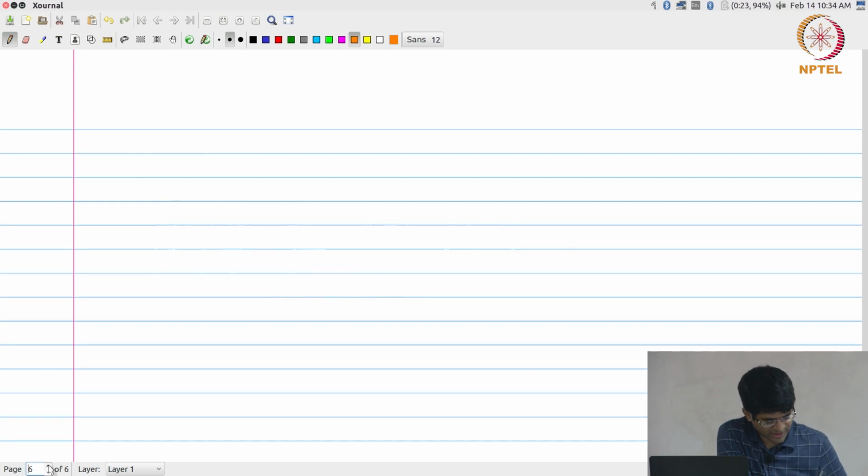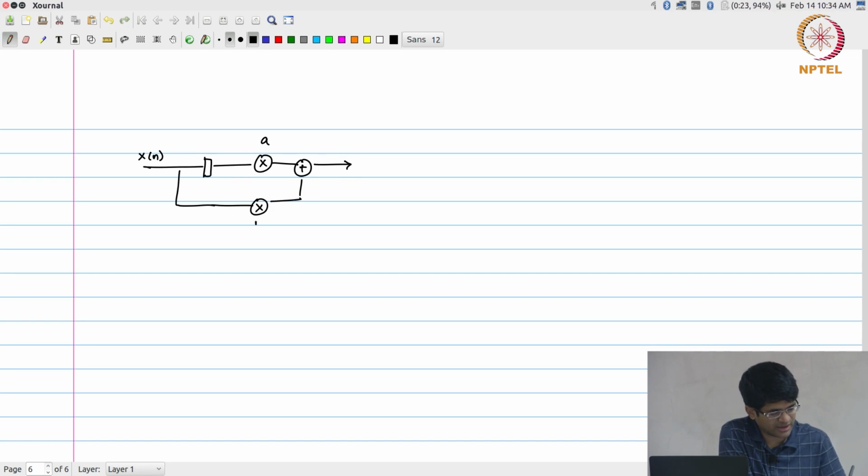One way of looking at it is to say, supposing I had this circuit, I have x of n, and supposing this was all that there was to it. What is y of n in this case? What is the equation being implemented over here? It is basically b into x of n, this lower path, plus a into x of n minus 1, because there is a delay out there, okay.